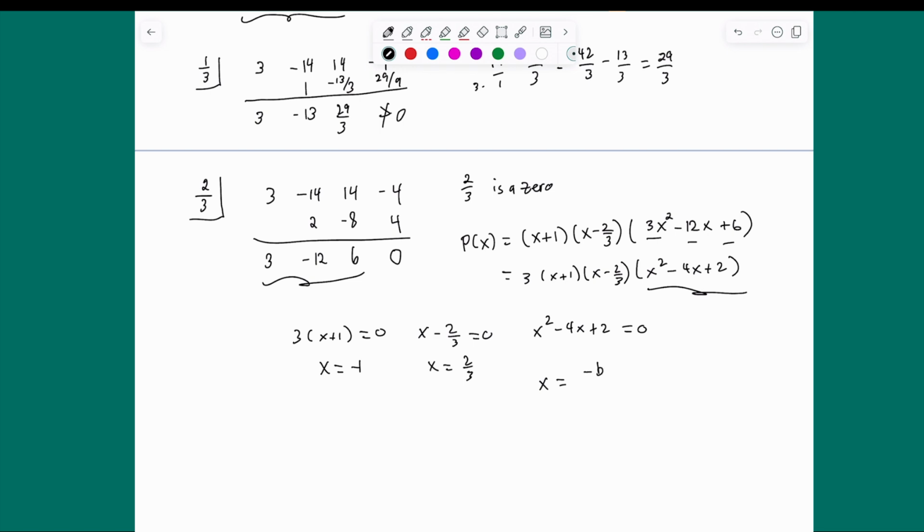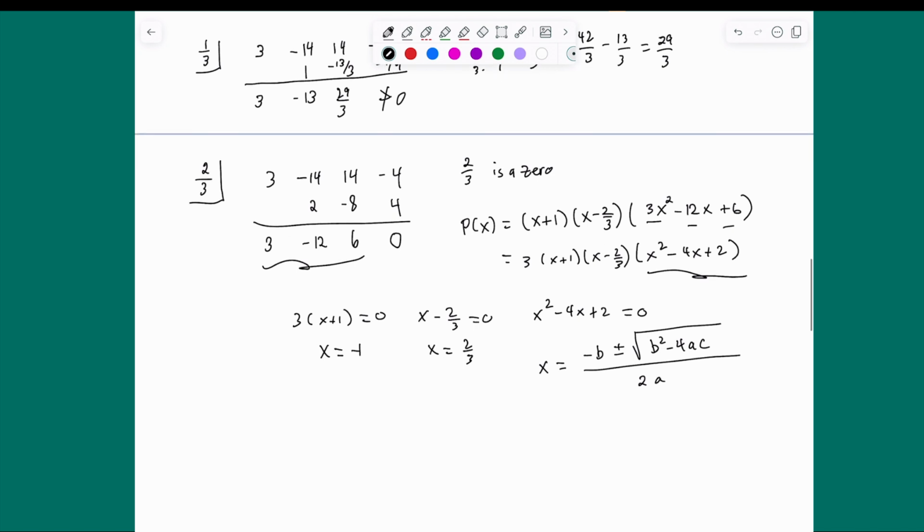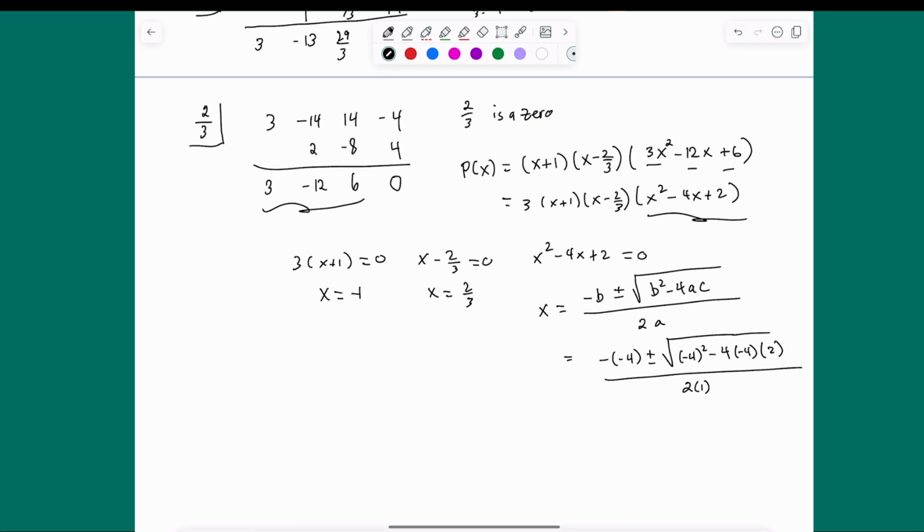So minus b plus or minus the square root of b squared minus 4 times a times c, all over 2 times a. So b in this case is negative 4, so we have a negative times a negative 4 plus or minus the square root of negative 4 squared minus 4 times 1 times 2, and then divide that by 2 times 1. Alright, simplifying this, we get a positive 4 plus or minus the square root of 16.